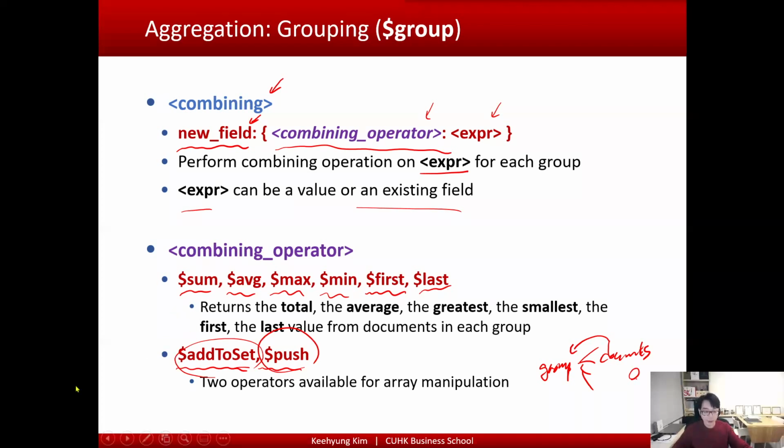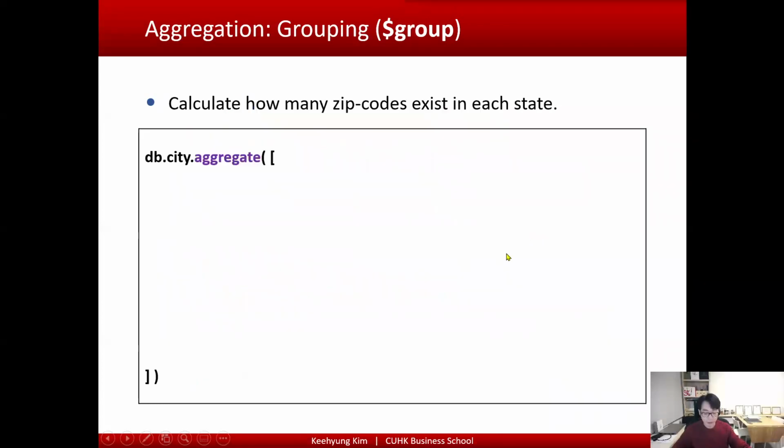So let's look at some examples here. Let's say that we want to calculate how many zip codes exist in each state. In the city collection, we have multiple zip codes, and each document refers to a different zip code, right? We also have a state field in each city document. So we want to know how many zip codes exist in each state. What do we have to use?